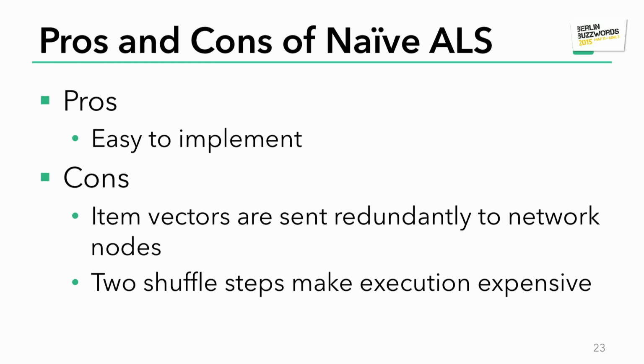But let's first take a look at the pros of this approach. The pro of this naive implementation is that it is straightforward and thus really easy to implement and maintain. So the code is easy. However, we have a lot of network I/O with this approach because first of all, we send redundant information over the network.